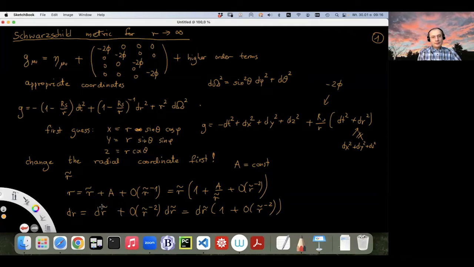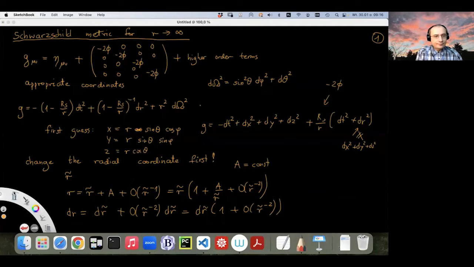So the derivatives of r and r tilde are very close to each other, basically identical, except for something of very low order. This is because this difference here is a constant, so a constant does not contribute to d. So it will be fairly easy to substitute the r tilde here.